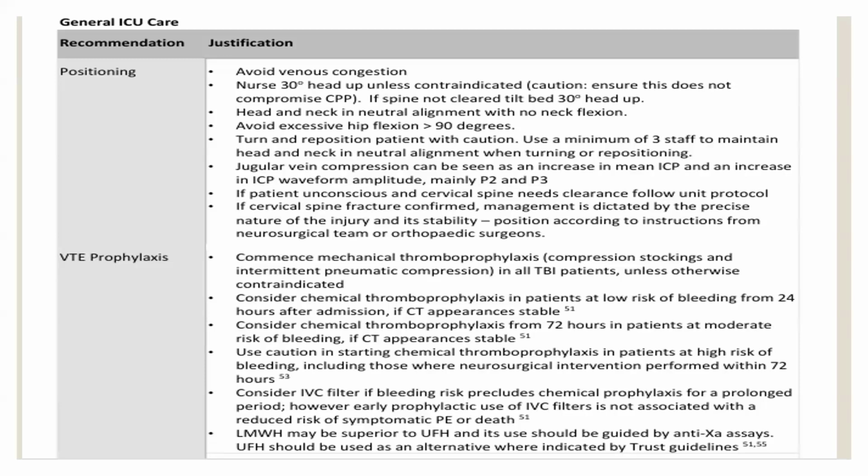Consider chemical prophylaxis from 72 hours in patients at moderate risk of bleeding if the CT appears stable. Use caution in starting chemical prophylaxis in patients at high risk of bleeding, including those where neurosurgical intervention was performed within 72 hours. Consider an IVC filter if bleeding risk precludes chemical prophylaxis for a prolonged period.